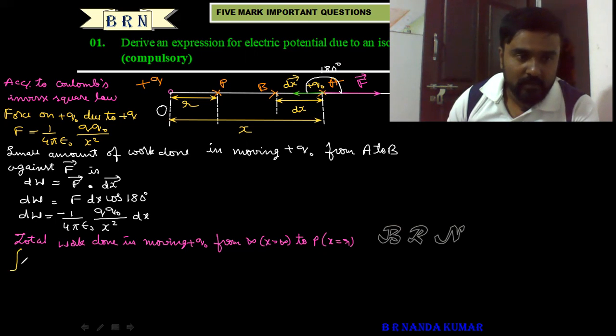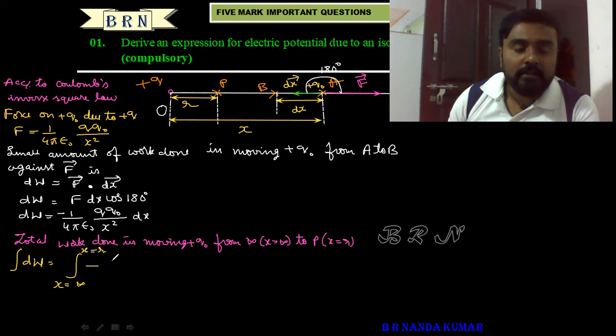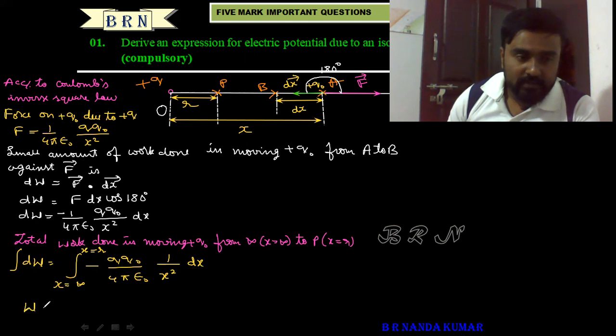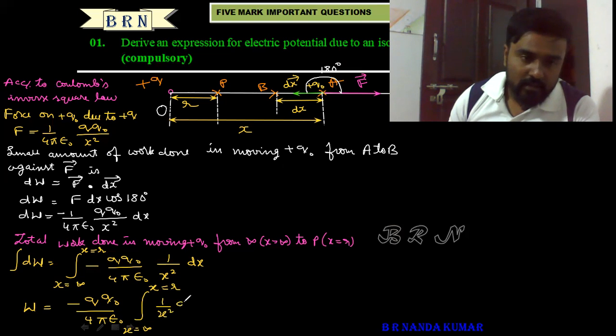So integration of dW is equal to integration, x varies from infinity to x equal to R, of minus Q Q naught divided by 4 pi epsilon naught, 1 by x square into dx. Integration of dW is W, so the constant terms are taken outside.